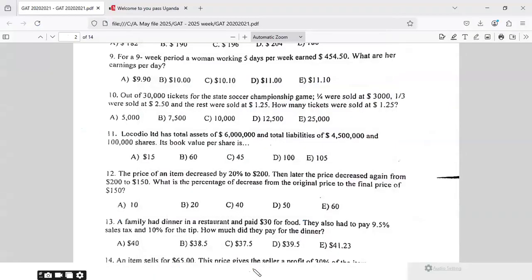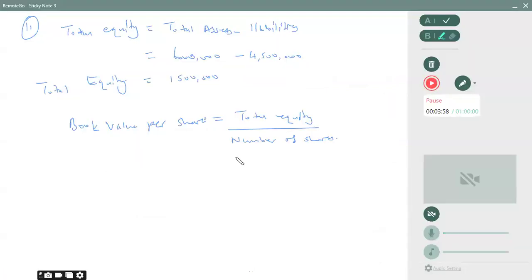The number of shares is 100,000. So that implies it's 1,500,000 divided by 100,000 shares. The book value in this case is just $15.